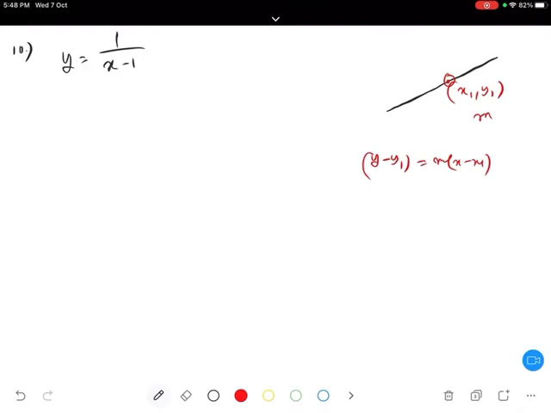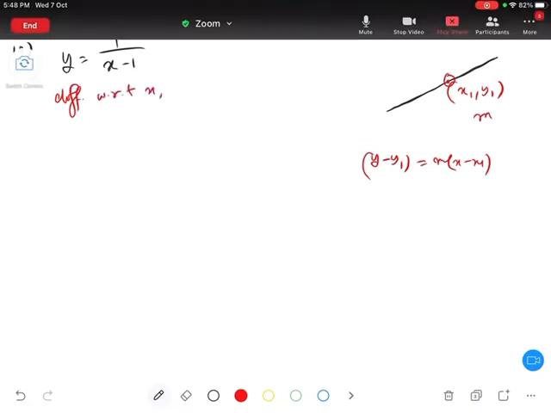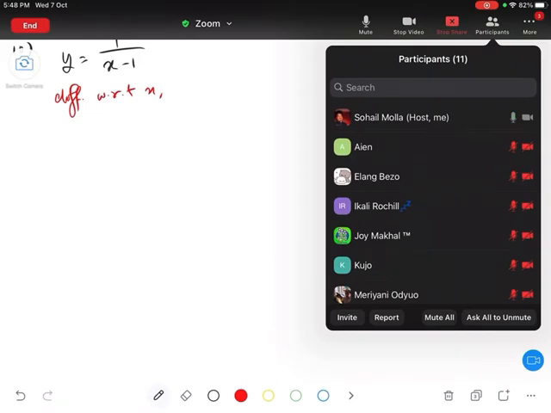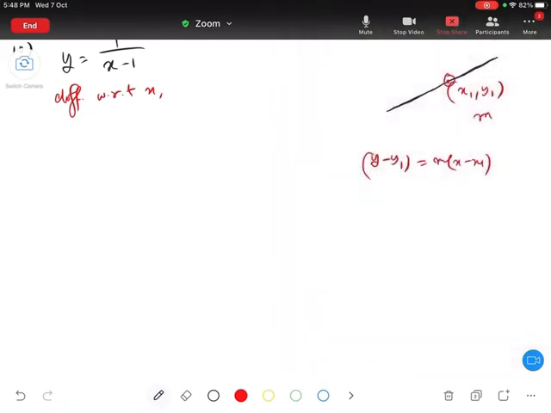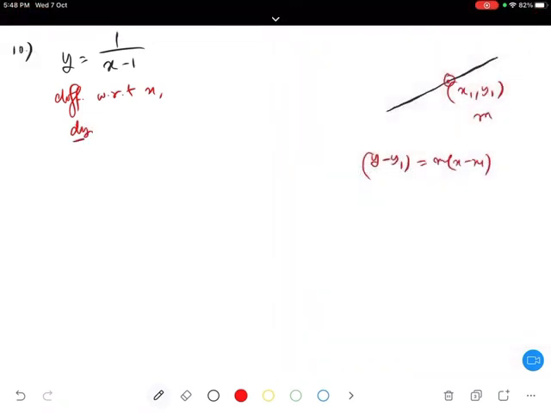Okay, so let us find the slope of this one. Now through the slope I will find the points. So differentiating with respect to x, what do you get? Look at it carefully, the UV rule we should apply.